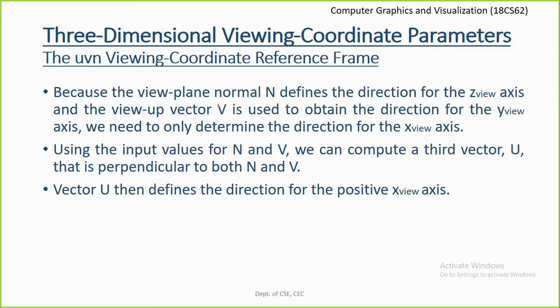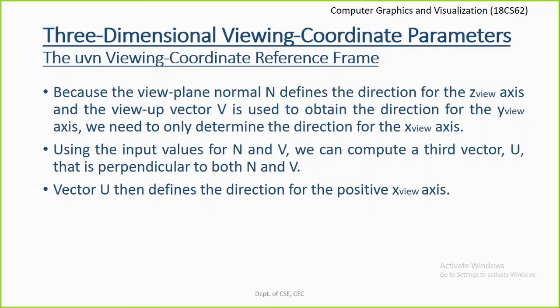We already got the direction for the y axis by looking into the direction of the view up vector v. Now using these two vectors, we need to determine the direction for the x axis of the viewing coordinates. Using the input values for the view plane normal vector n and the view up vector v, we can compute the third vector u, that is perpendicular to both n and v.